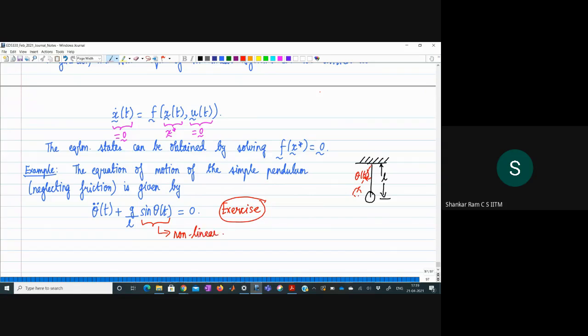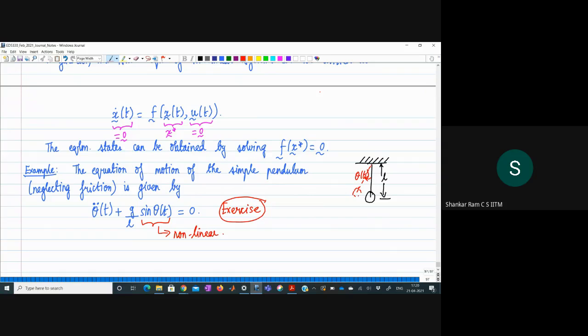Of course, for small theta, sine theta becomes equal to theta, and consequently we get what is called a linearized system. But let's consider the nonlinear system as it is, and then analyze what we get out of it.